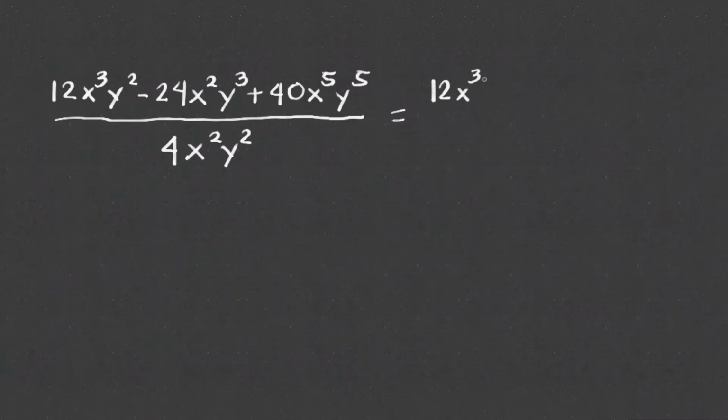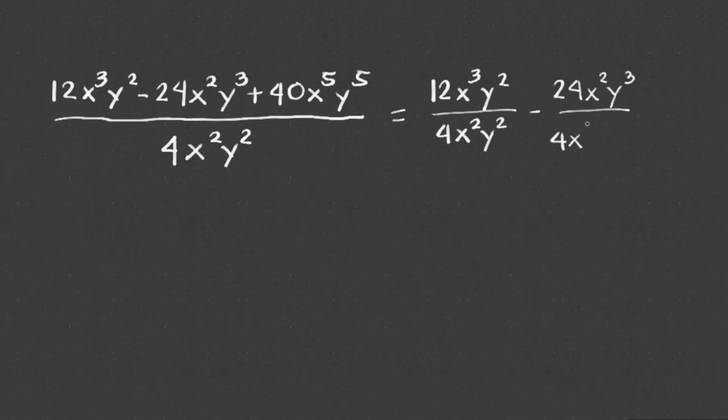So 12x cubed y squared over 4x squared y squared minus 24x squared y cubed over 4x squared y squared plus 40x raised to the 5th power y raised to the 5th power divided by 4x squared y squared.